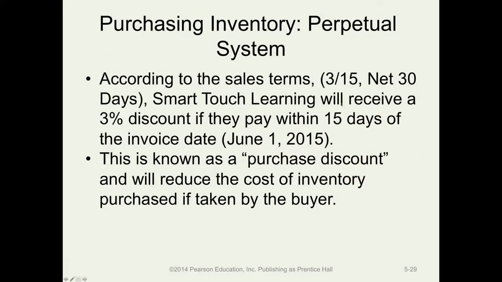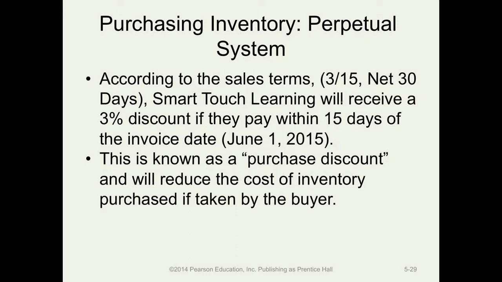Now, when you look at this invoice, we're also going to see in a second that it has sales terms. That's going to be 3/15 net 30. And what this will tell you, and I'll repeat this again when we cover the invoice, is that Smart Touch Learning, buying this inventory, will get a discount of 3% if they pay within 15 days.